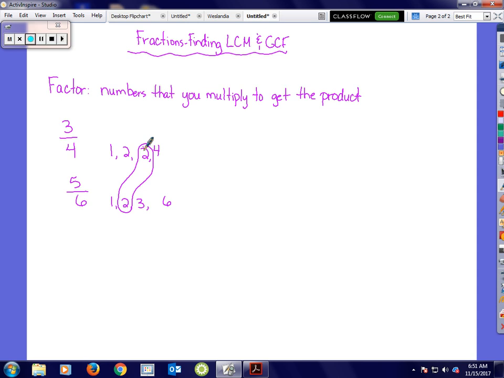Okay, so that's going to help us when we need to find a common factor between two fractions. And we'll get more into when that's going to happen when we get into adding and subtracting of fractions in tomorrow's screencast. So that is finding the greatest common factor.